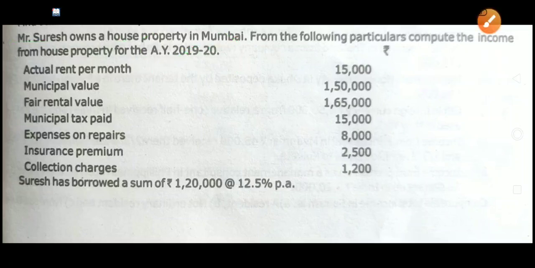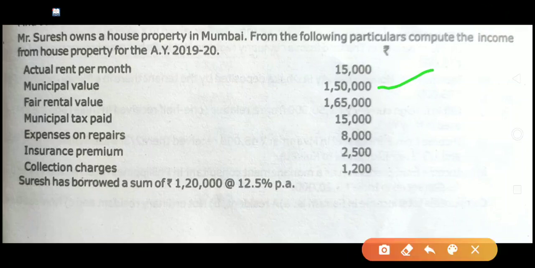Then municipal value is 1,50,000 annual amount. Fair rental value is 1,65,000. Municipal tax paid: in this question municipal tax paid is given, but who paid this municipal tax, whether the assessee or the tenant, is not mentioned clearly. So in this case you have to consider that it is municipal tax paid by the owner.